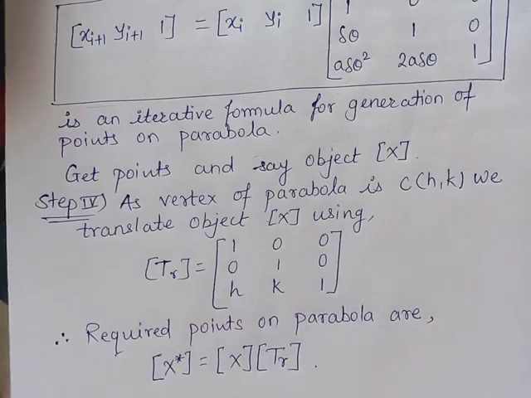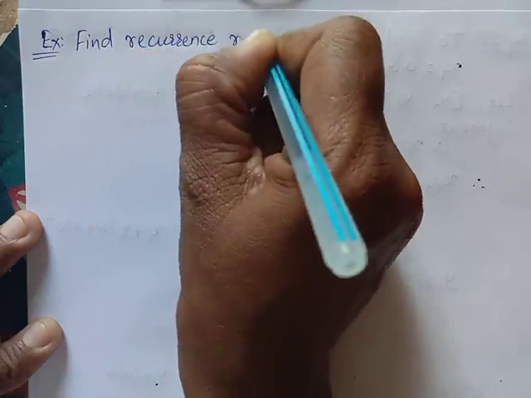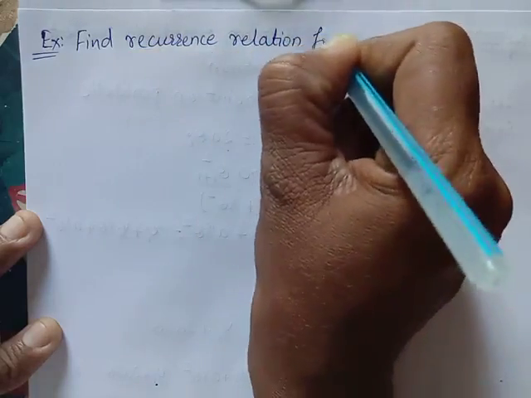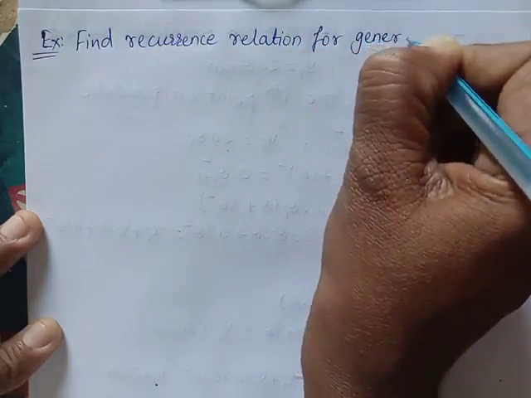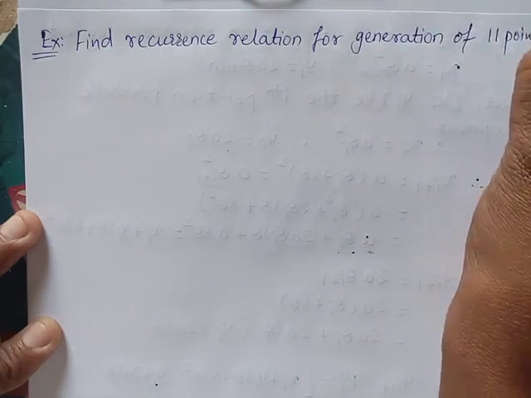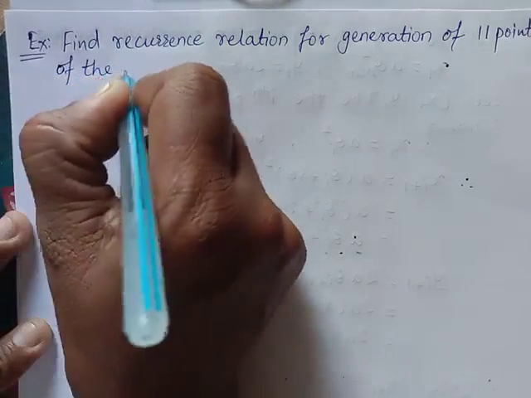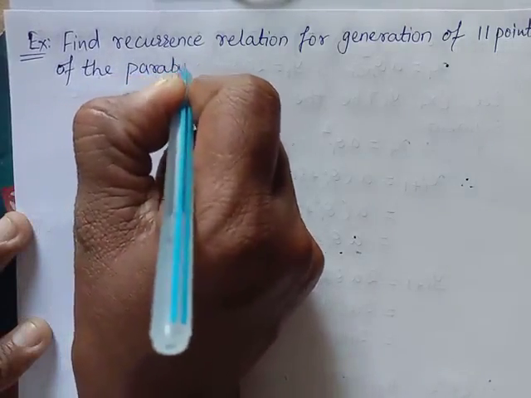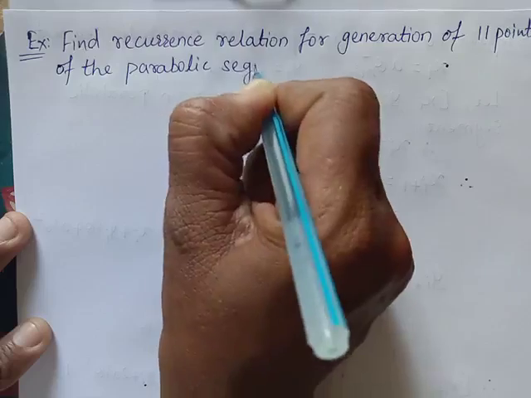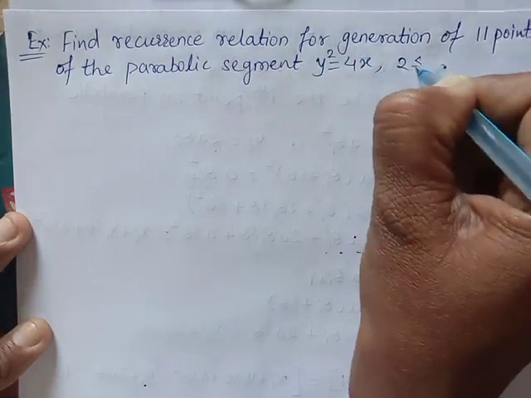Now let's see an example on it. Example: find the recurrence relation for generation of 11 points of the parabolic segment y square equal to 4x, 2 less equal y less equal 4.